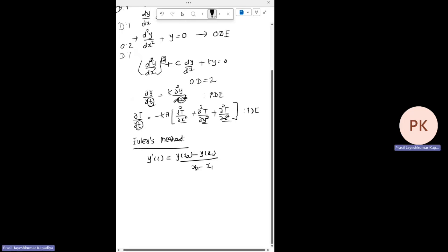So what I will write here, let's say c is x1 and h is x2 minus x1. So I can write y of x2 minus y of x1 is equal to h into y prime of x1, and this y prime of x1 I am writing as f of x1 comma y1.